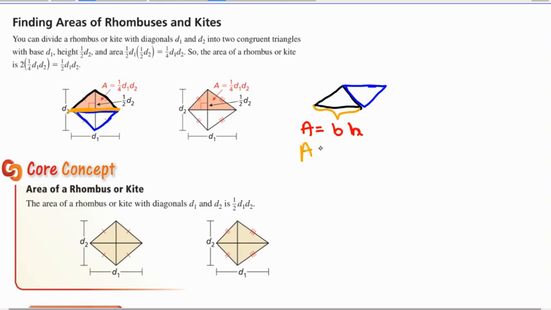So that would make this area equals diagonal 1 times, and then the height of this parallelogram right here is the same as just 1/2 of the height of the original rhombus, or 1/2 of the other diagonal of the original rhombus. So that makes this 1/2 times diagonal 2. And this is how we derive the formula for the area of a rhombus, or it also works for a kite. You just do area equals 1/2 of diagonal 1 times diagonal 2.